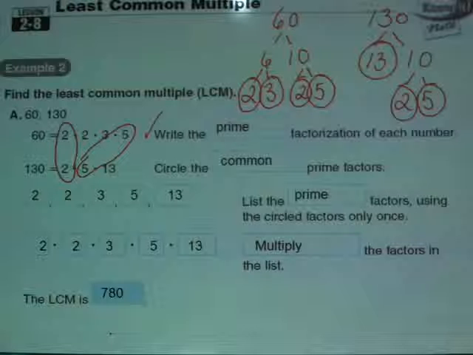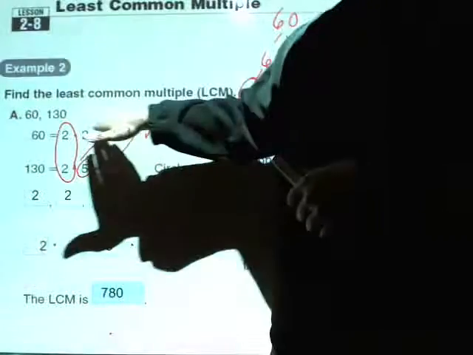Here comes the difference, this next step. Now what you're going to do to find your answer is multiply together what you circled in that row with everything you didn't circle. Doesn't matter where it is. So in this row, I circled 2 and 5.